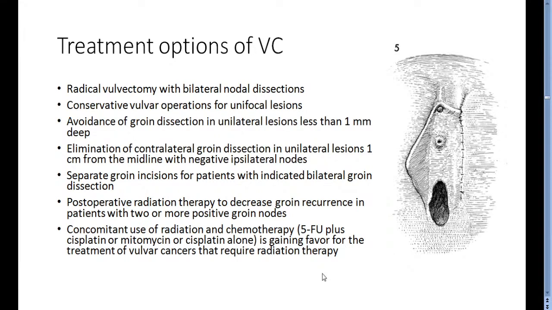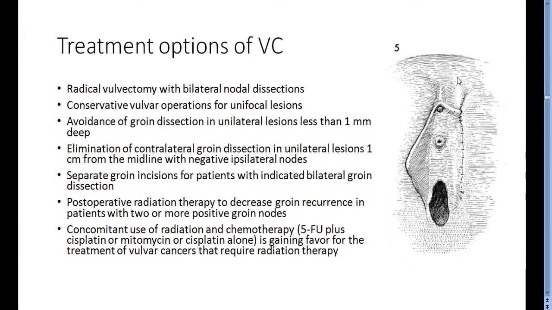Conservative vulvar operations for unifocal lesions can be done. So elimination of contralateral groin dissection in unilateral lesions 1 centimeter from the midline with negative ipsilateral nodes. Postoperative radiation therapy is used to decrease groin recurrence in patients with 2 or more positive groin nodes.